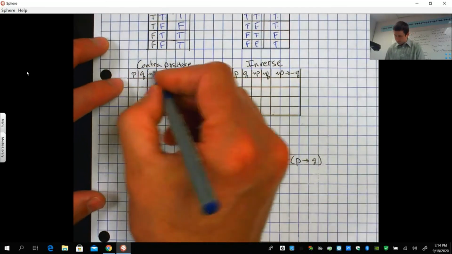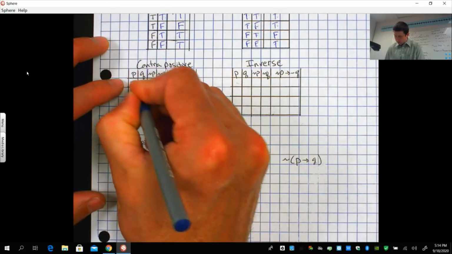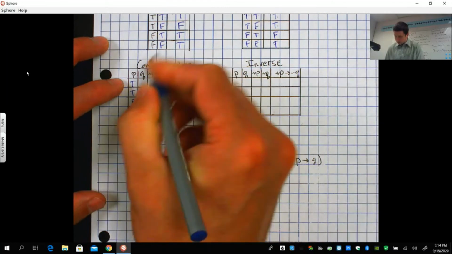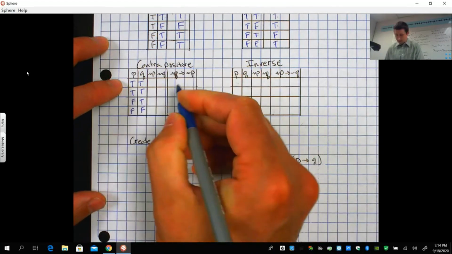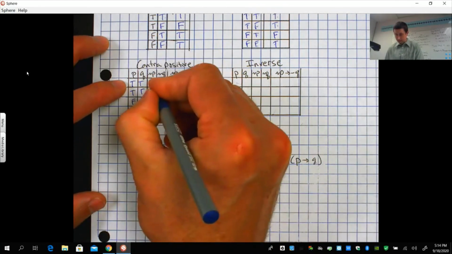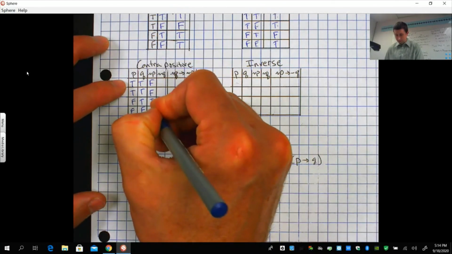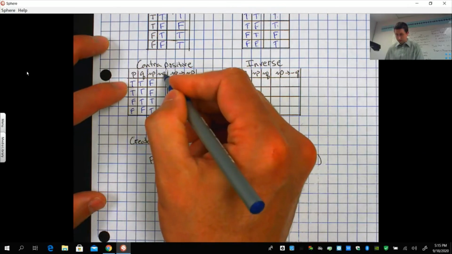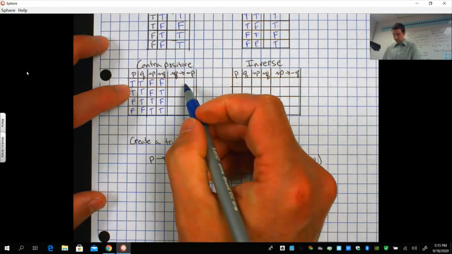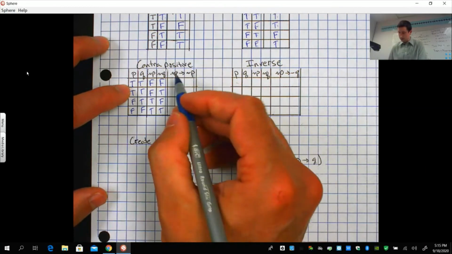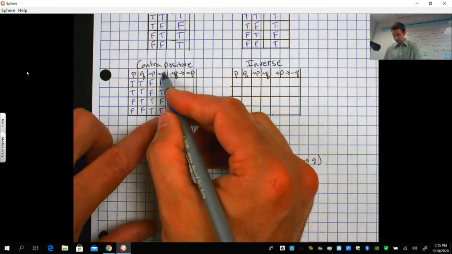Contrapositive. So P, true, true, false, false. Q, true, false, true, false. Not P. The negation of P would be false, false, true, true. Negation of Q is false, true, false, true. So contrapositive, we want not Q as the hypothesis, so this is coming first.